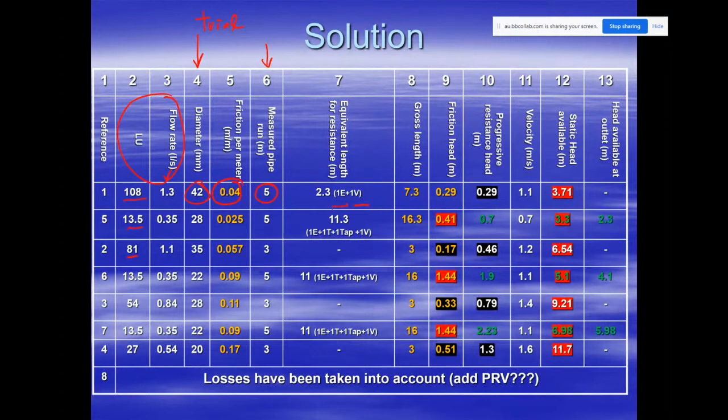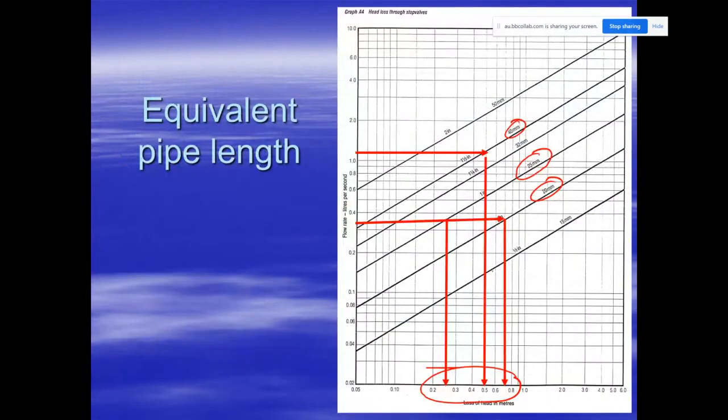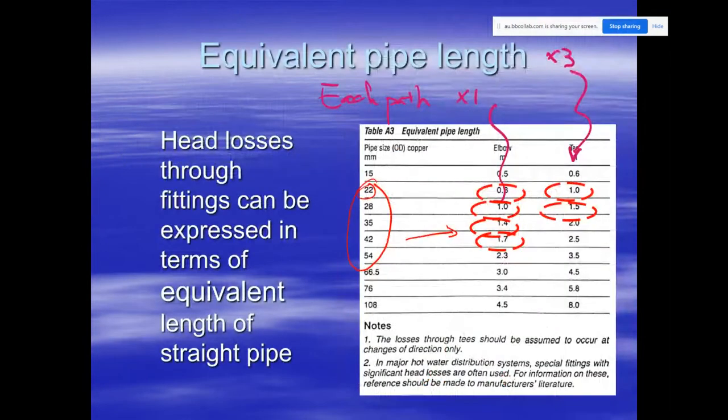So what is the equivalent pipe loss for the diameter of 42 for the elbow? 42, let me check. 42 here. 1.7. Am I correct?